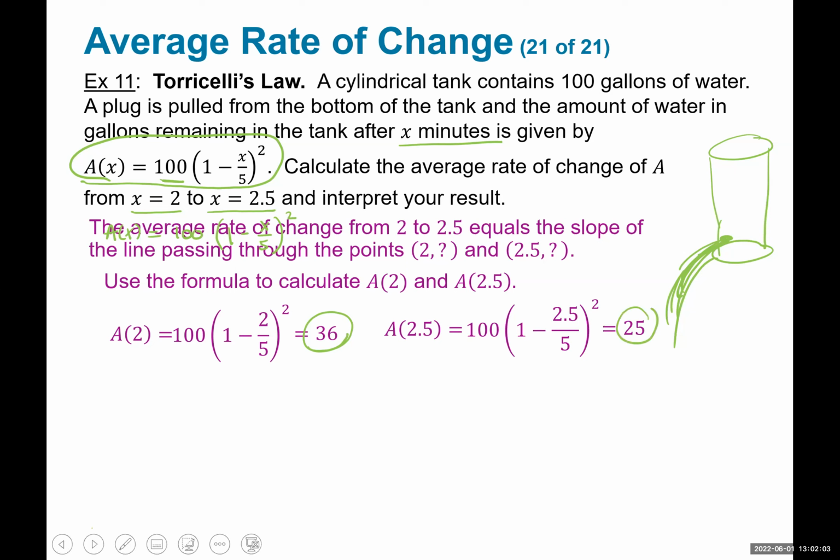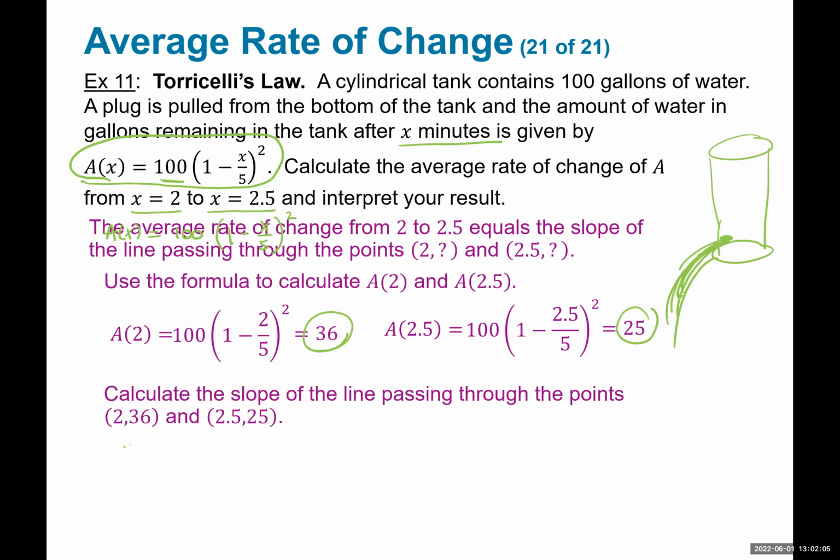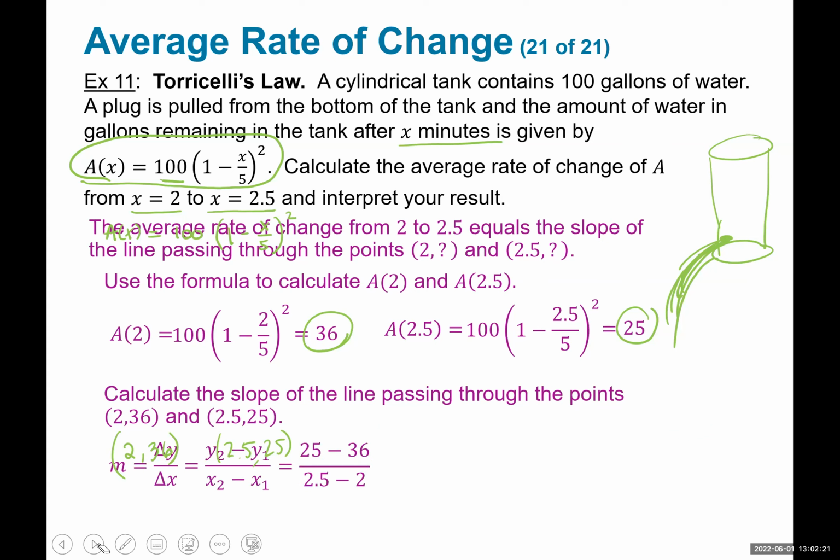So we're going to use those points. After 2 minutes, it's 36 gallons. After 2.5 minutes, it's 25 gallons. And we're going to plug those into the slope formula and find the average rate of change. 25 minus 36 over 2.5 minus 2.